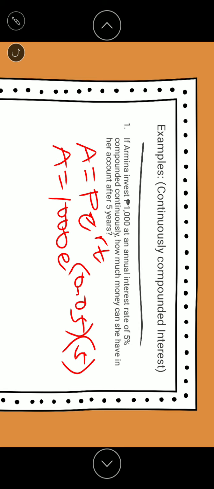Next, multiply the exponents. So we copy 1,000E or 1,000 Euler's number. 0.05 multiplied by 5 or 0.05 times 5 is 0.25.